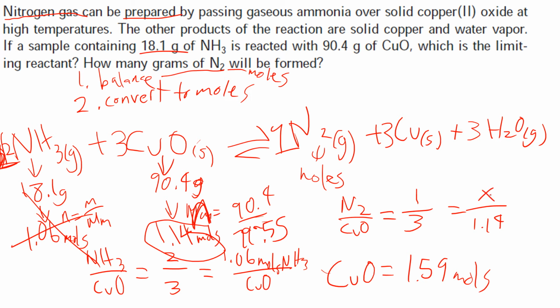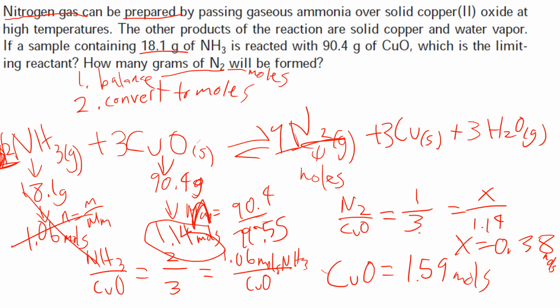So this will be x, because when we figure out how many moles of nitrogen gas we have and solve for x, we get 1.14 divided by 3. X equals 0.38. Okay, and that's moles. So x equals 0.38 moles.